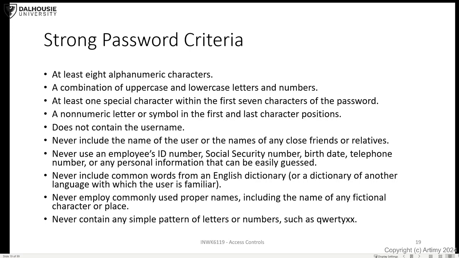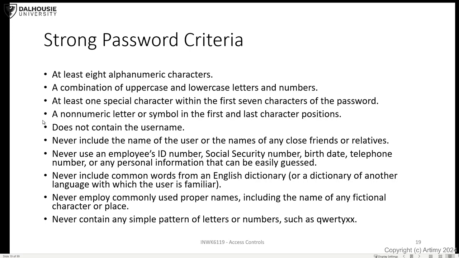Don't put the name of the user. Don't put any ID in the password. Basically, all of these things attempt to reduce the possibility of a hacker guessing the password. Right? Don't use any common English dictionary word, so don't use something that you can find in the dictionary, a word that people use.